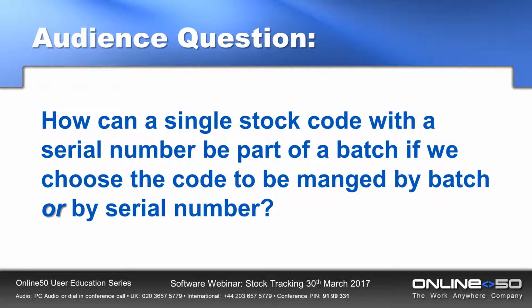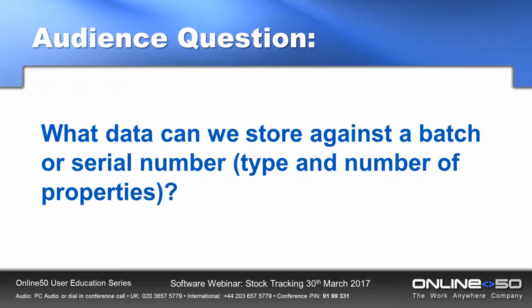I've got a question here. So what data can we store against a batch or serial number? So, Chris, what type of data, how many items of data can we store against batches and serial numbers? So the usual fields for batches would be expiry date is very common, and then there's fields for batch attributes.